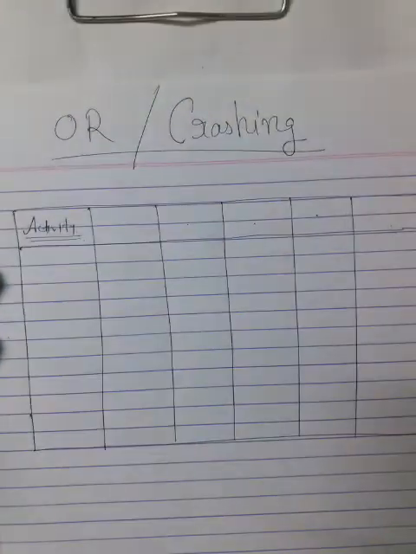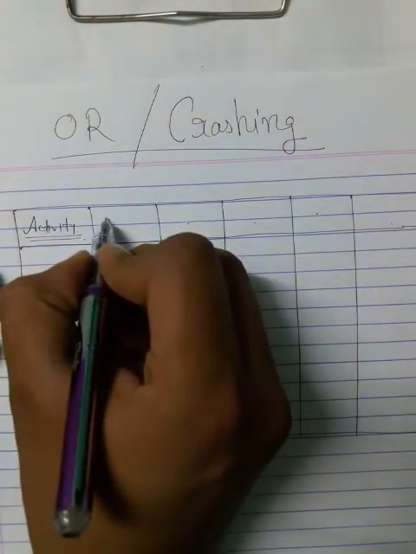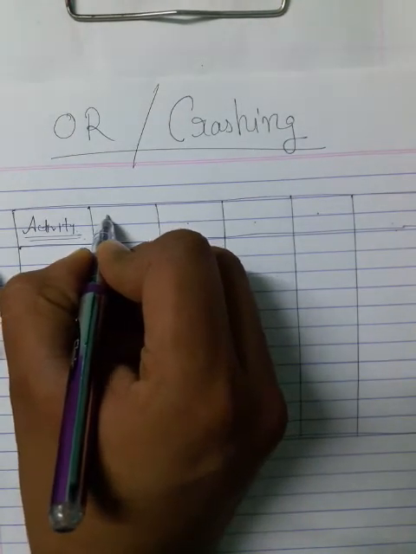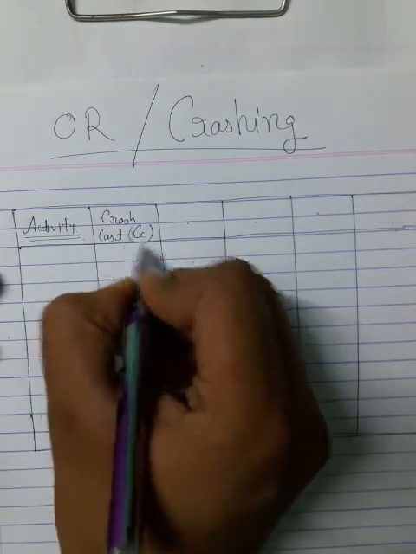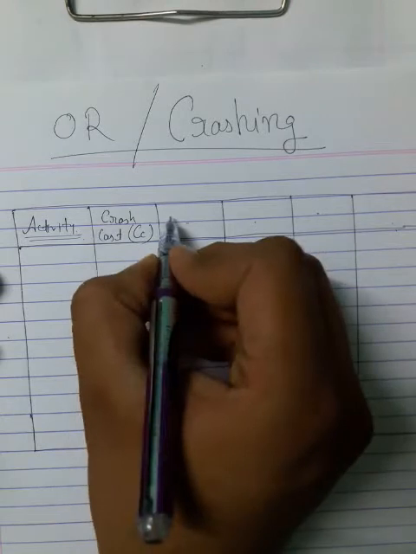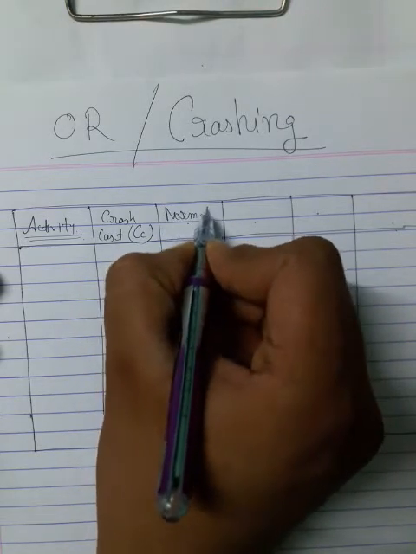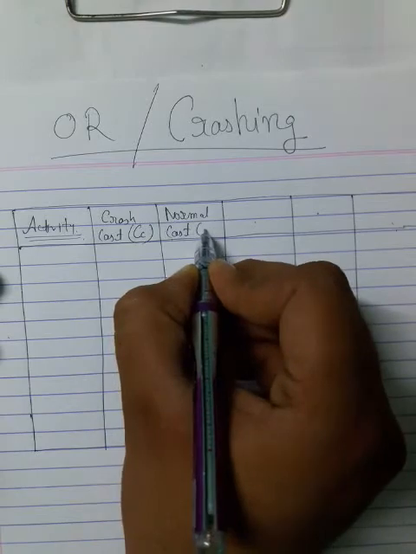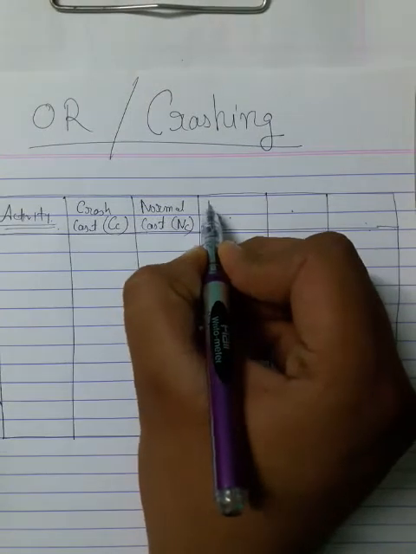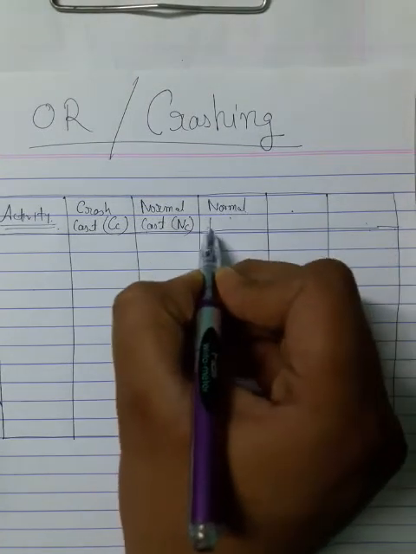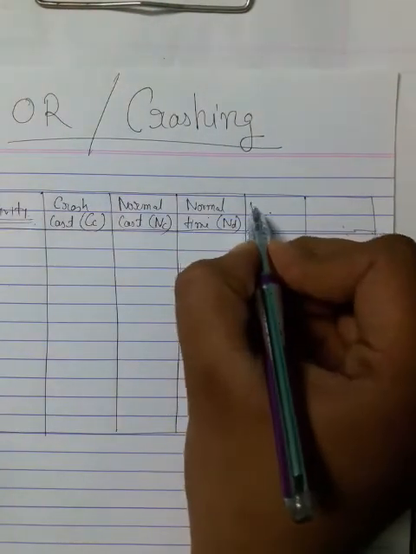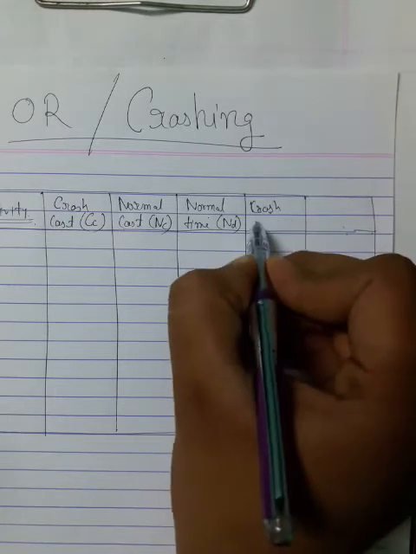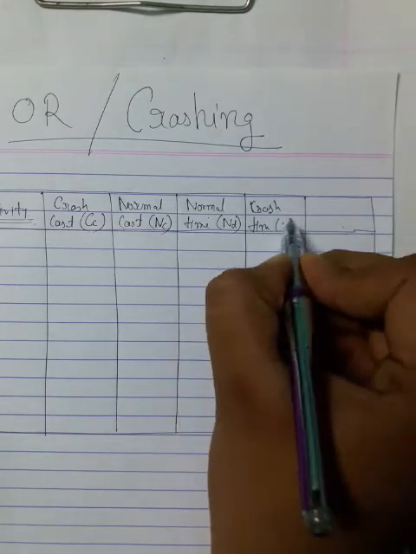In the second column you write crash cost, denoted by CC. In the next column you write normal cost, denoted by NC. In the next column you write normal time, denoted by ND. Next column you write crash time, denoted by CD.